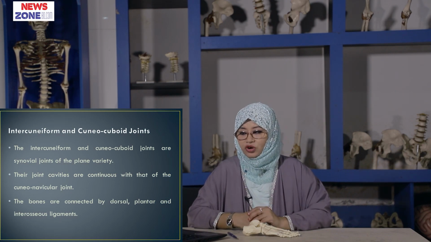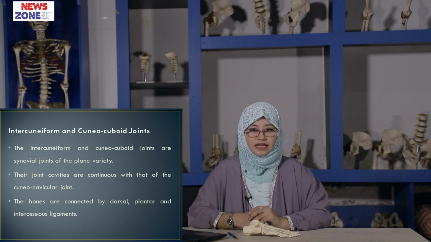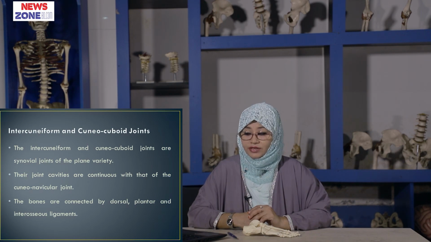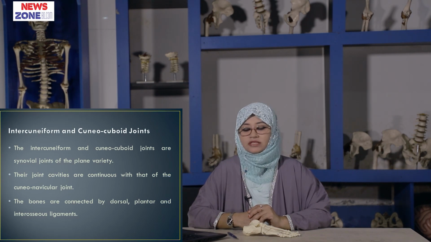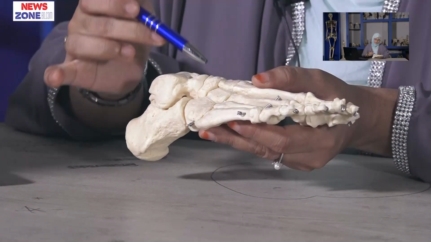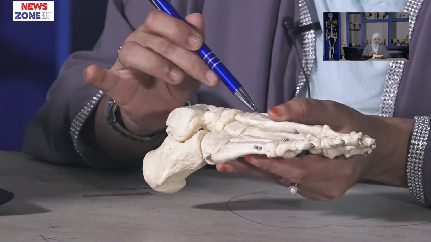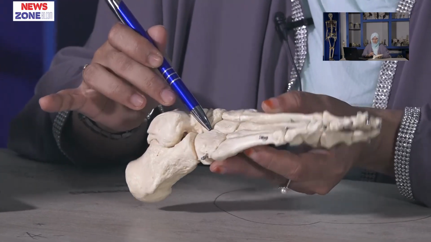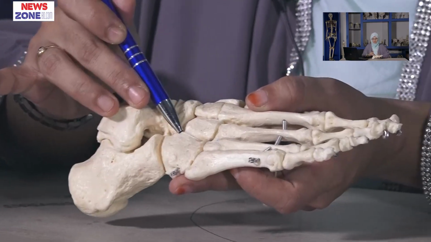The intercuneiform and the cuneo-cuboid joints are the plane variety of synovial joint. Their joint cavities are continuous with that of the cuneo-navicular joint and the bones are connected by dorsal, plantar and interosseous ligaments. Here the intercuneiform and here the cuneo-cuboid joints are formed.